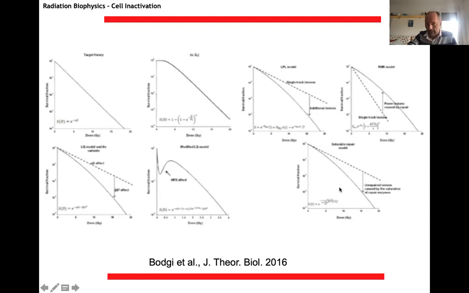Saturation model by Goodhead. The linear quadratic model. This is the microdosimetry model by Kellerer and Rossi. And this is a modified linear quadratic model with hypersensitivity at low doses that I didn't discuss here, but there are even other models. This is a nice review of many models of radiation action. If you don't find it, let me know. I will give it.